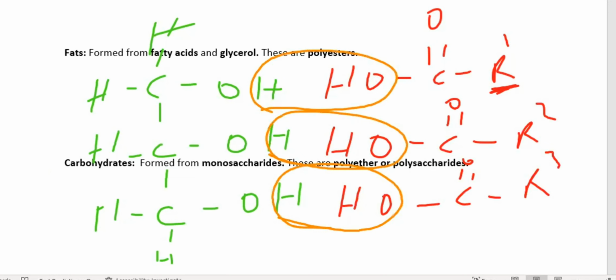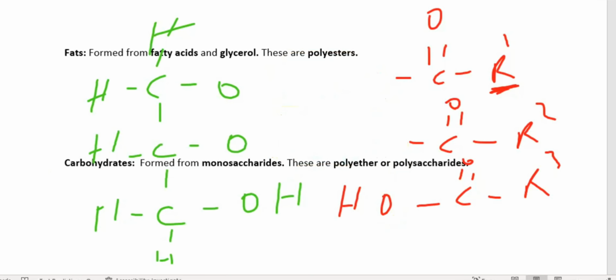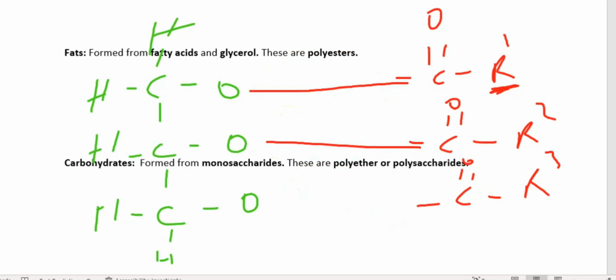And so these 3 water molecules are taken out, and I'm just going to erase them. And then what you have happening now is that the acid and the alcohol are joined together like that.